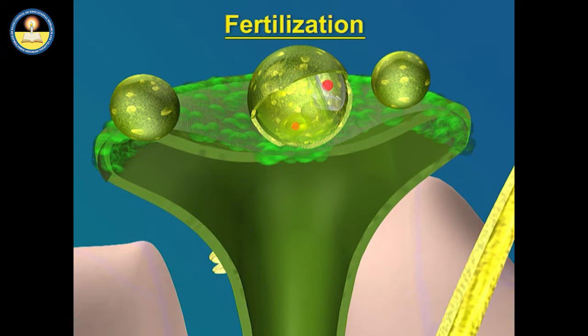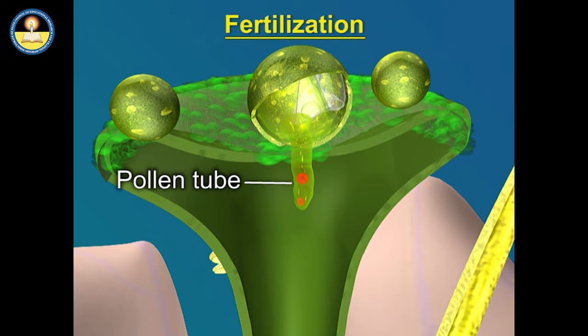Only after pollination, when pollen has landed on the stigma, a chain of events takes place that ends in the development of seeds. Once the pollen grain reaches the stigma, the pollen grain germinates, forming a narrow tube known as the pollen tube.